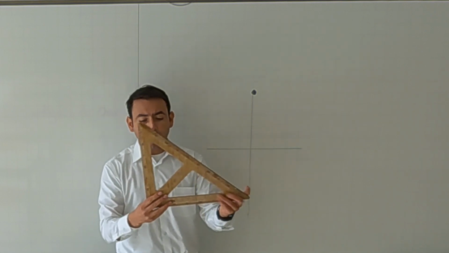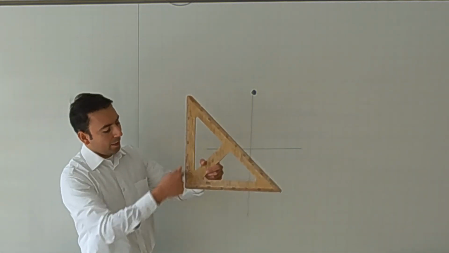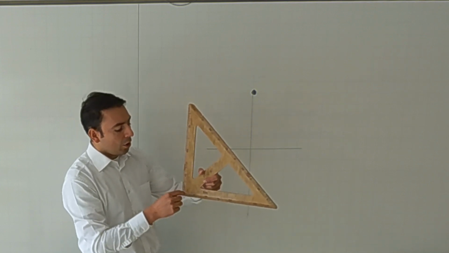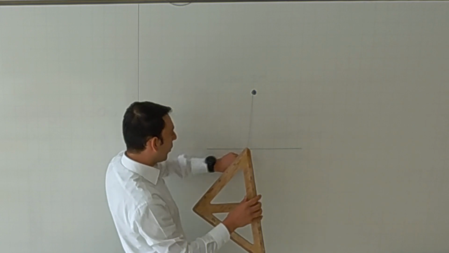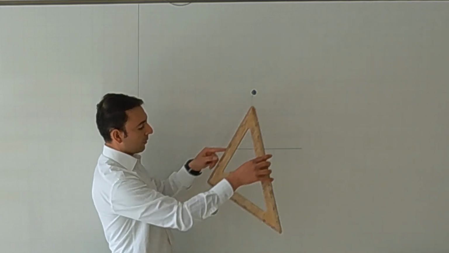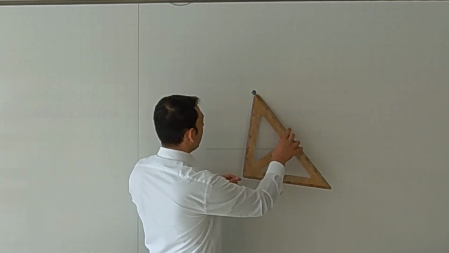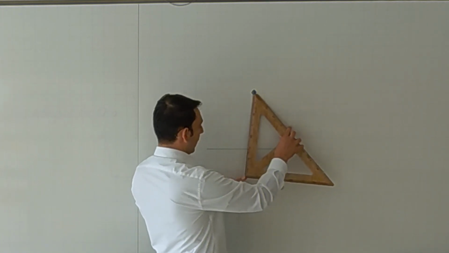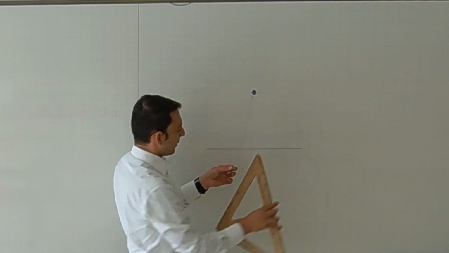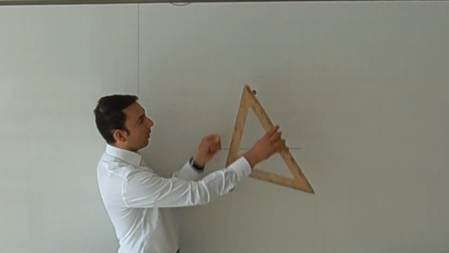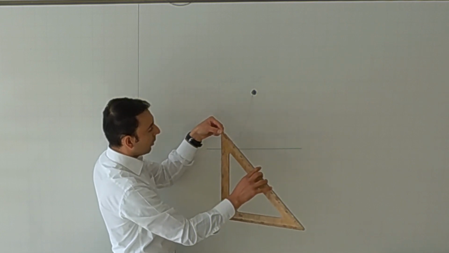Okay, now your square ruler, you have to identify what is the right angle, okay? Then you have to take the measure for the rope from this side of the ruler, okay? Then I'm gonna put it here and until here. And this measure you have to paste not in the right angle, you have to paste it here.